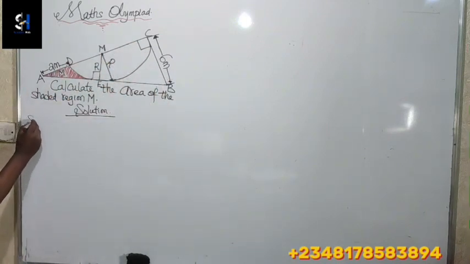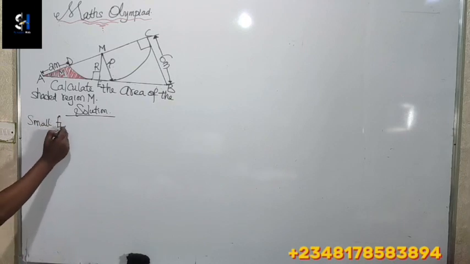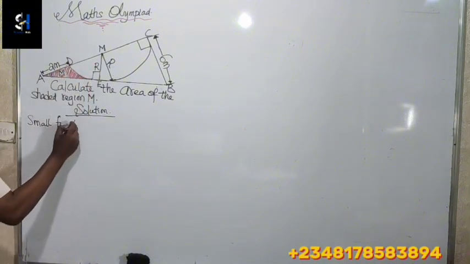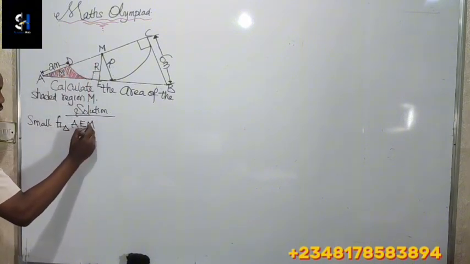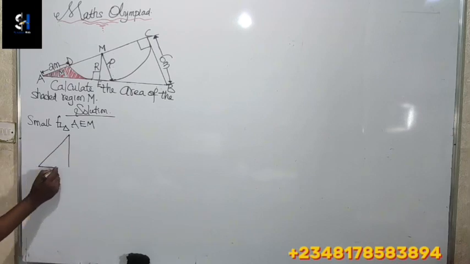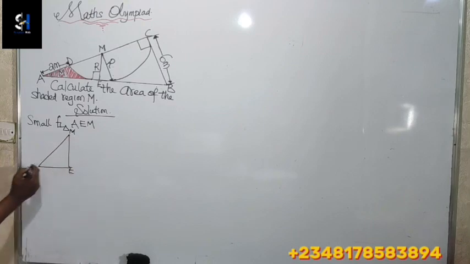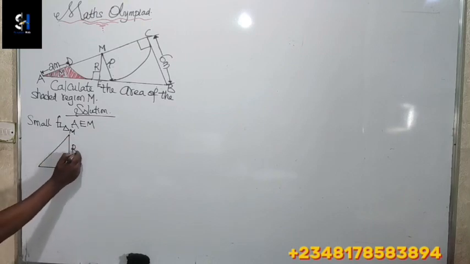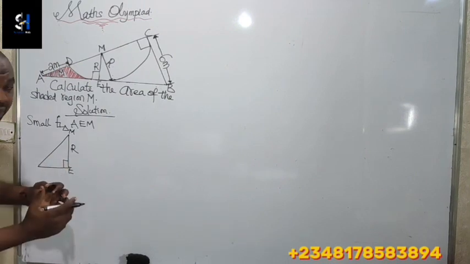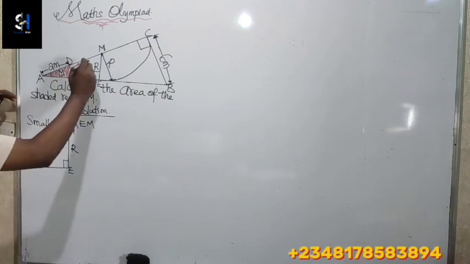We have the small right triangle AEM. This is M, and this is E. This side is R, and we have an angle of 90 degrees.